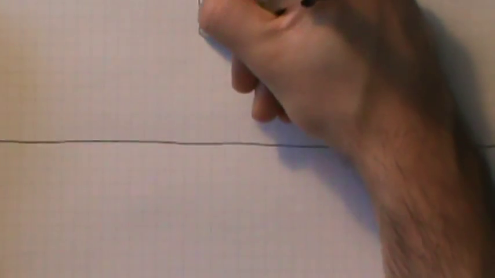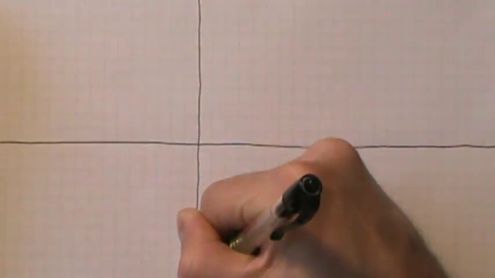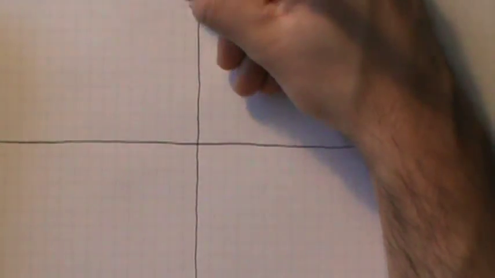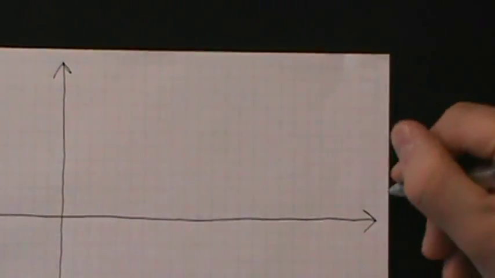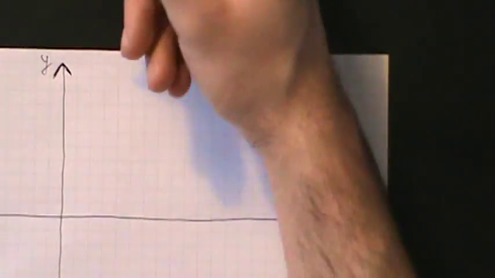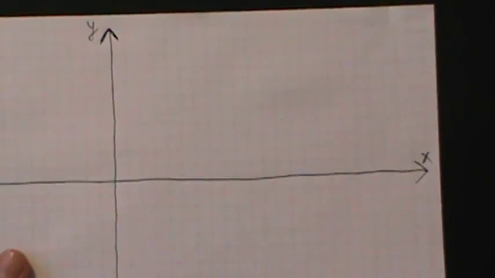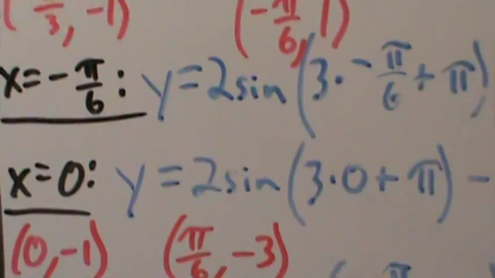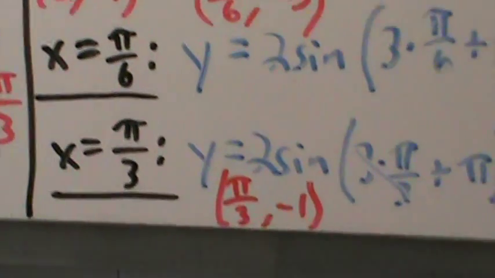And then put a y-axis somewhere over here. Okay, so x-axis, y-axis. All right, now let's look at our x values here. Negative pi over 3, negative pi over 6, 0, pi over 6, pi over 3.